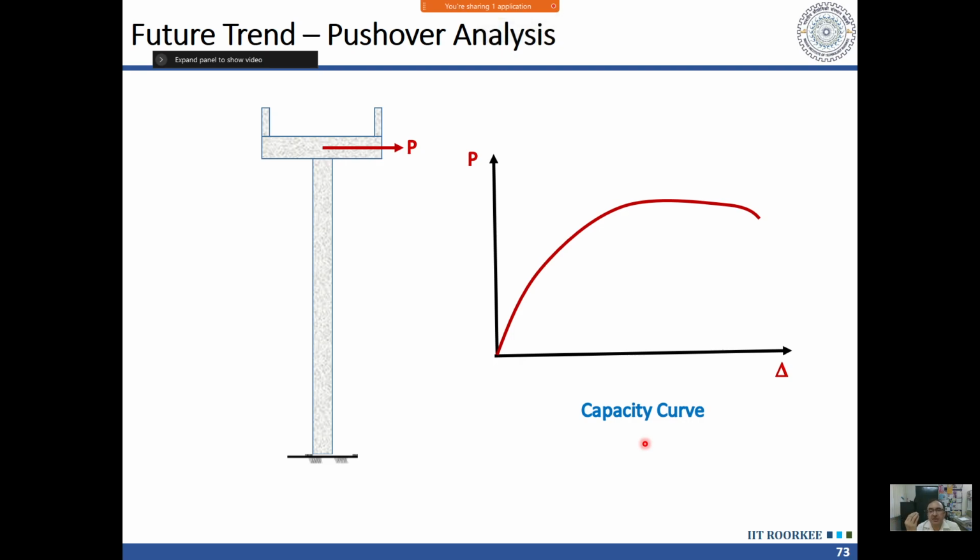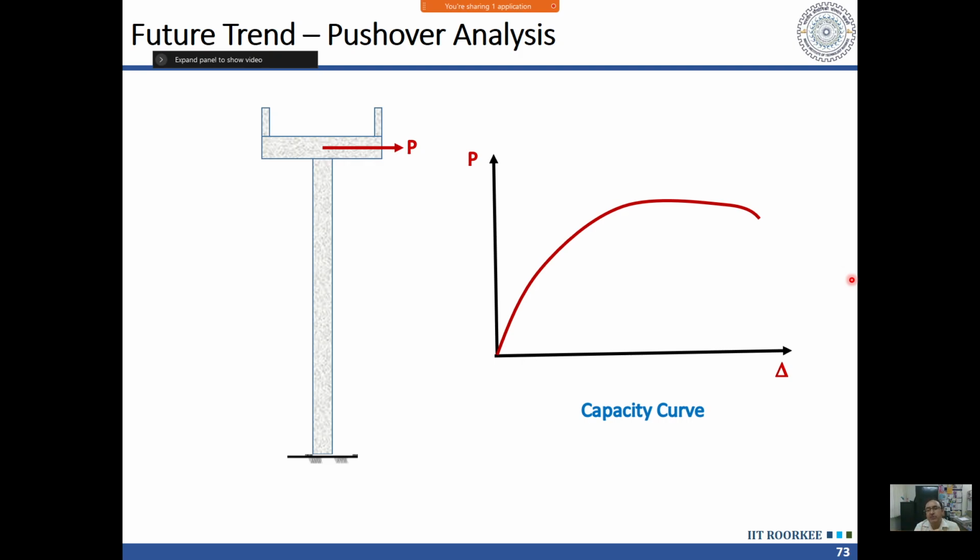It is representing three properties. What are those three properties? It is representing stiffness. If I take the slope of the initial portion, that gives me the stiffness of my structure. Then the peak value gives me the strength, and when I do an equivalent bilinear idealization of this, I can calculate ductility. So this capacity curve includes all three concerned properties of the structure, that is stiffness, strength and ductility.